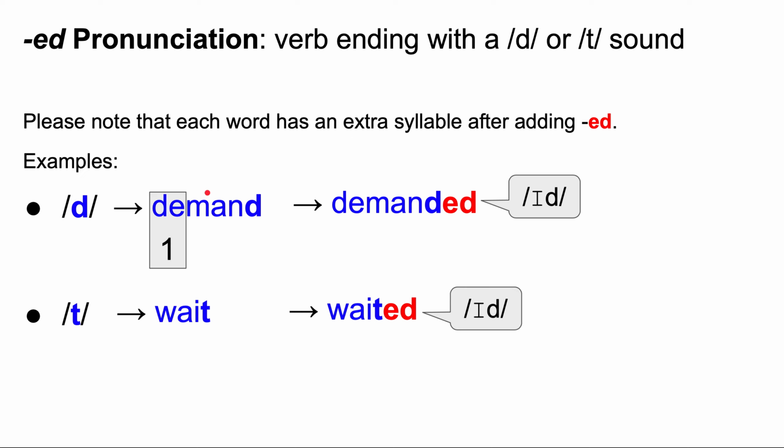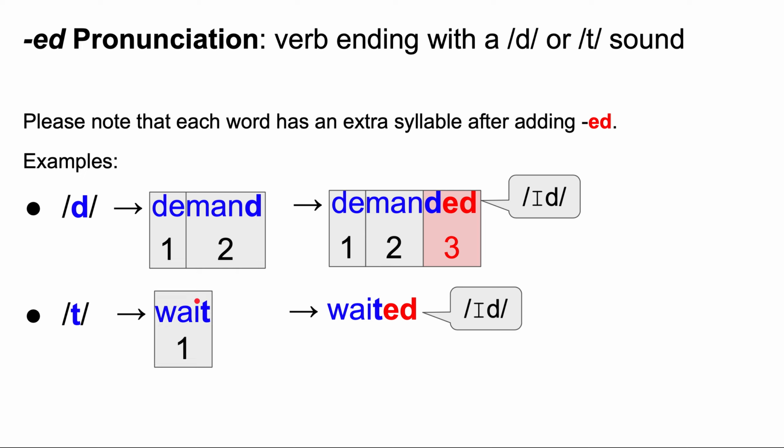For example, demand, 2 syllables. Demanded, 3 syllables. Wait, for example, wait, 1 syllable. Waited, 2 syllables.